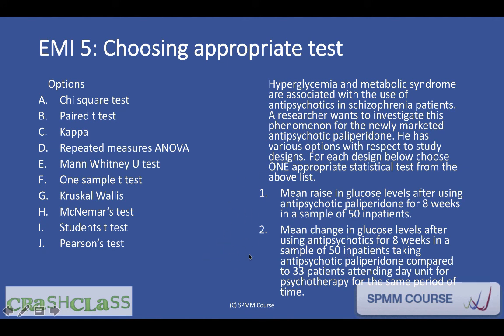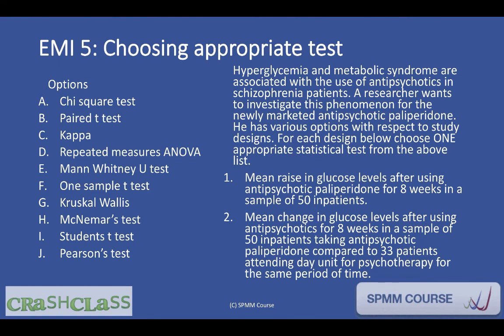You will get a change value. So now you have only one variable of interest. What is it? Change. Okay, and you're comparing two groups for the mean change. Now what kind of test would you use here? Assume it's also parametric because still you're dealing with glucose. So you will use, yes, you will use 2 sample T or unpaired T or student's T. So it's called I here, choice I, unpaired T test, student's T test.